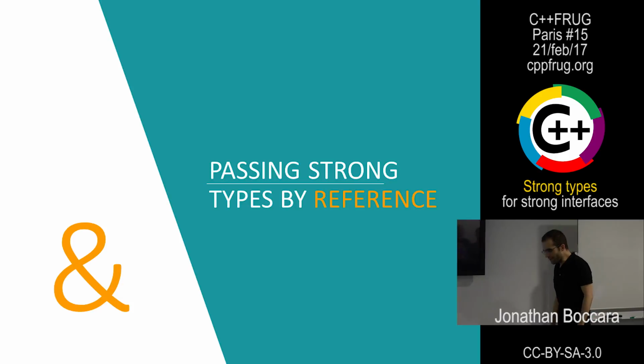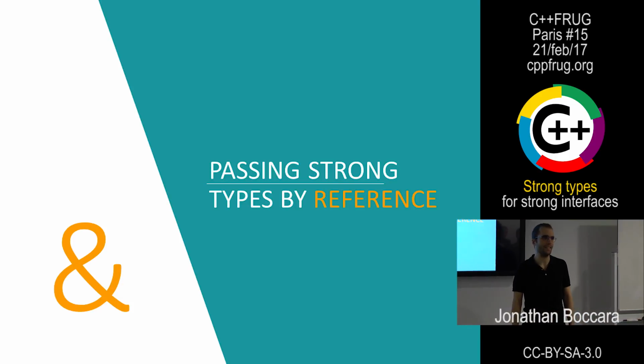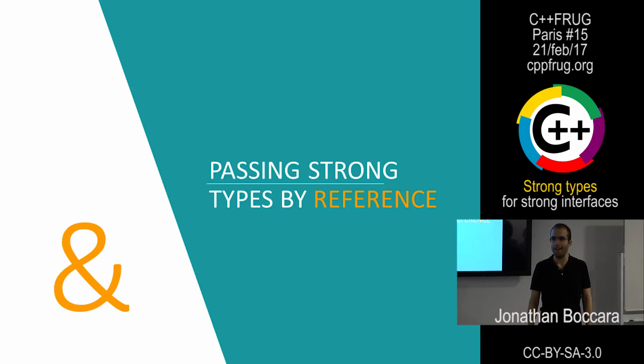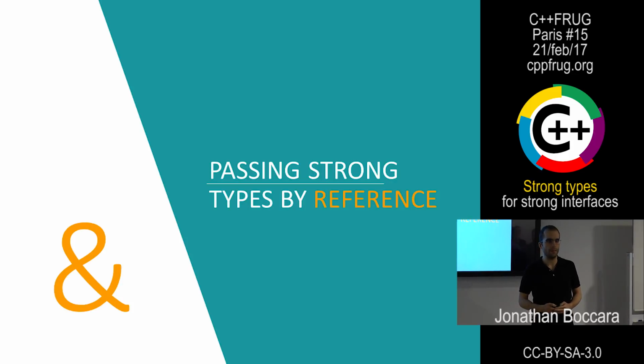Right. So far, it's been quite pretty. Now, by using them in real code, there's this topic that came up and which I didn't find an existing solution. Maybe there are some out there, but I just couldn't find them. It's passing strong types by reference.